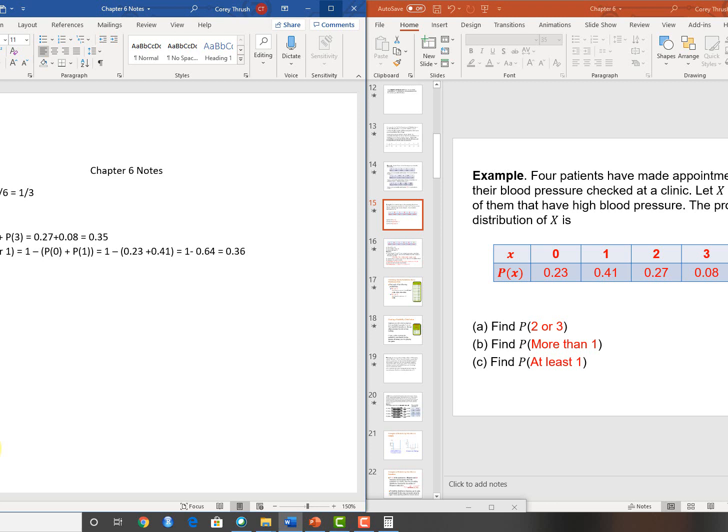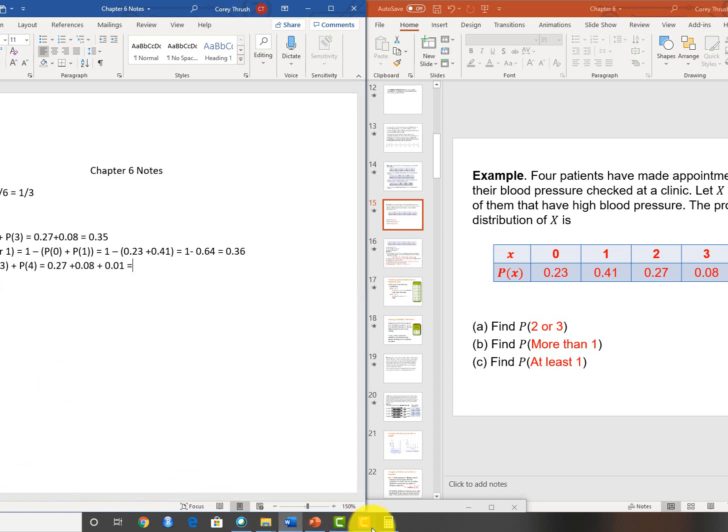And the other way to do this is just simply add up the ones that are greater than 1. So, probability of 2 plus probability of 3 plus probability of 4, and then it equals 0.27 plus 0.08 plus 0.01.